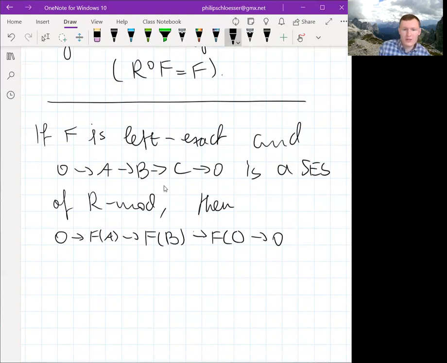We know that if we exclude the 0 at the end, then it is exact. But what if we actually want to carry on?